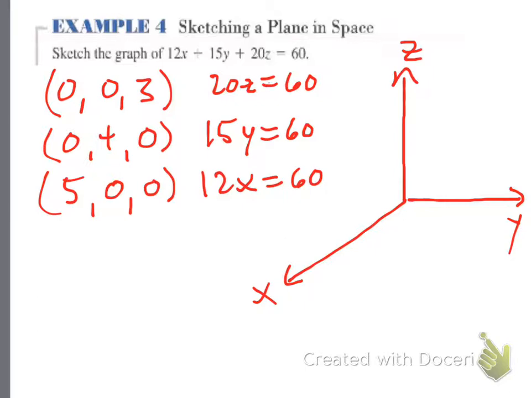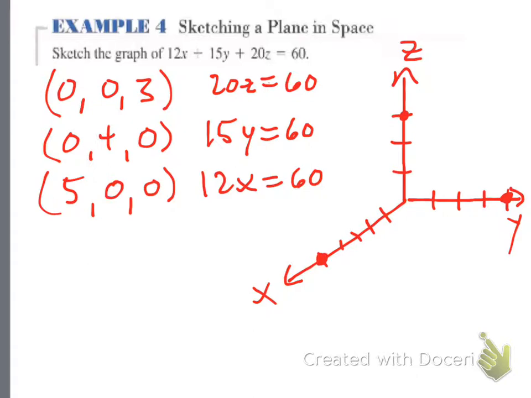On the z-axis we have 0, 0, 3, so we have a point right there. This is the z-intercept. The y-intercept is 0, 4, 0. And then on the x, 1, 2, 3, 4, 5, right there.